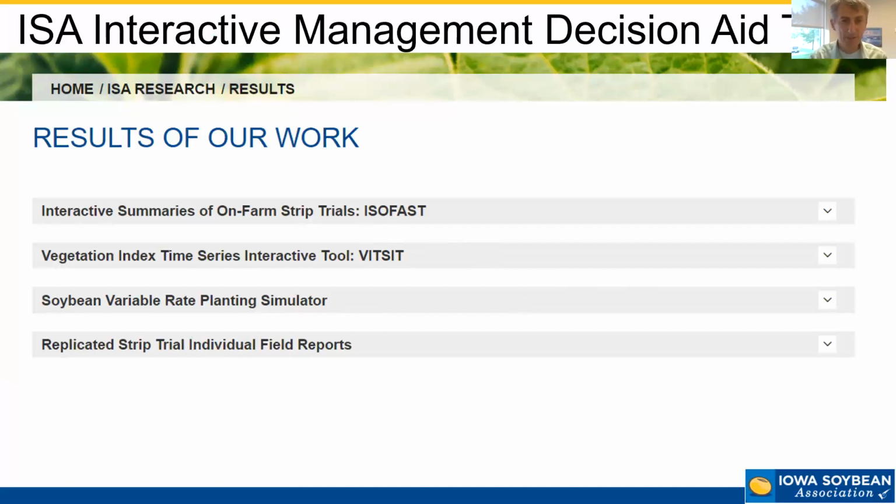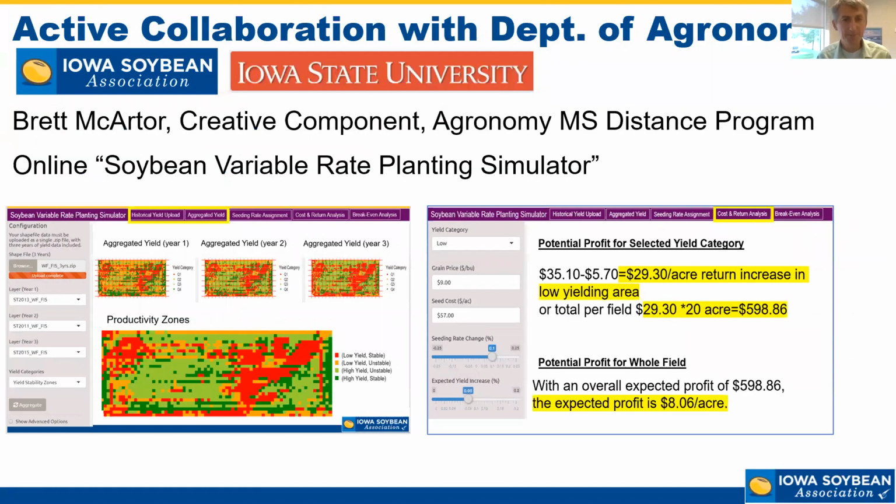It's a project which we have done here. Brad McArthur is a distance MS student in agronomy, and this is his project. For the last year, we developed this tool, and he will present it next month in his defense.